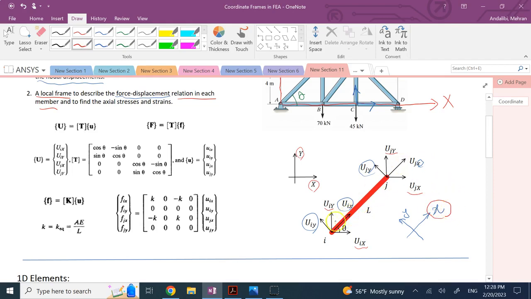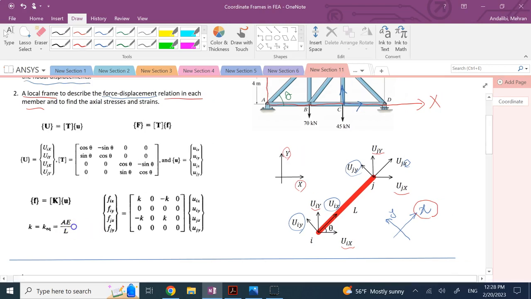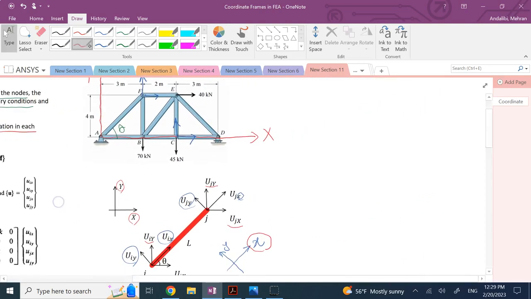What about the displacement, or basically the strain, the deflection? It is also along this member. If we assume all of these truss members are two force members, so each member is only under tension or compression, then everything is going to happen along small x, right? So if I want to write the relation between force and displacement, I look at one member like this, and then there are these forces applied here.